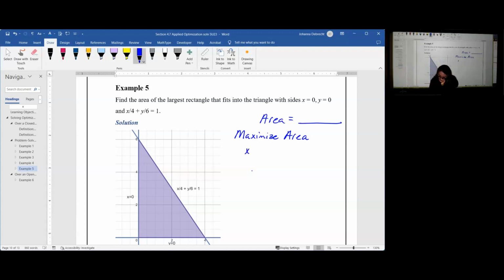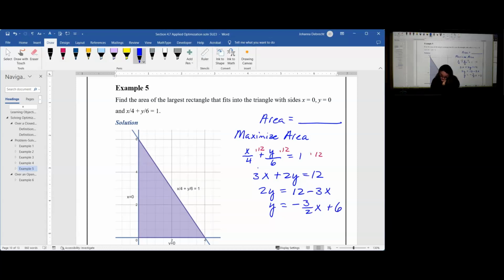I'm going to multiply by the lowest common denominator, which is 12. This will give me a form that I'm more accustomed to. This gives me 3x plus 2y equals 12, and I can solve this for y and come up with the equation y equals negative 3/2 x plus 6.